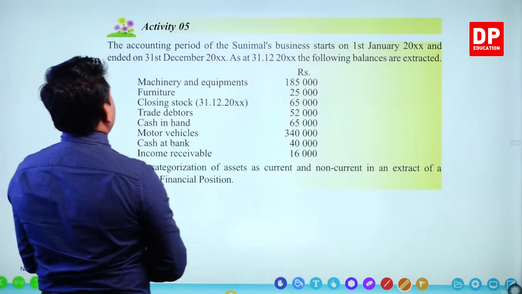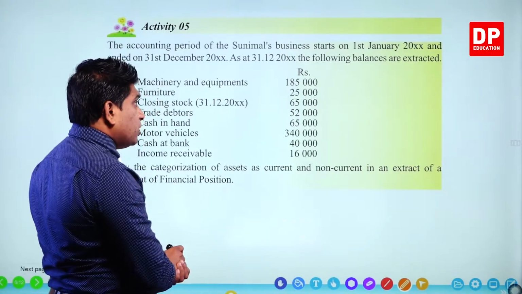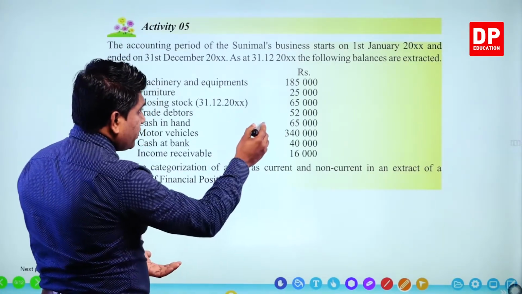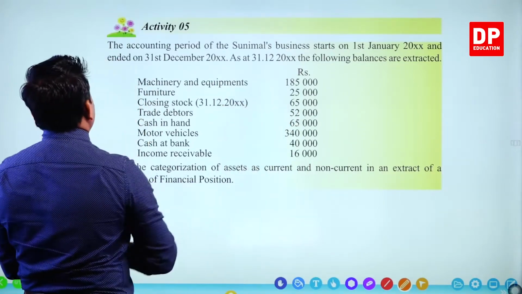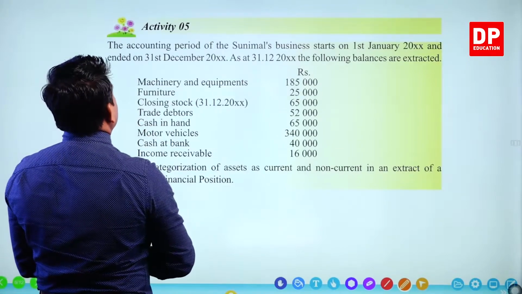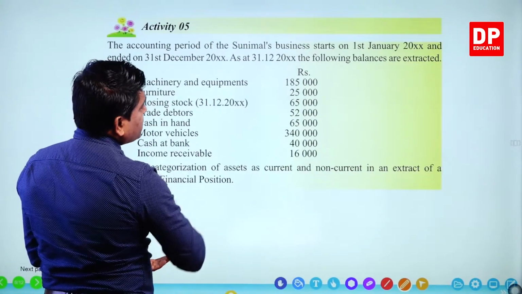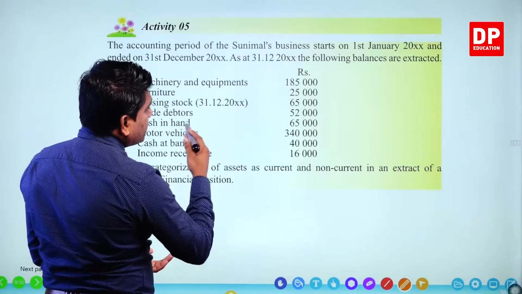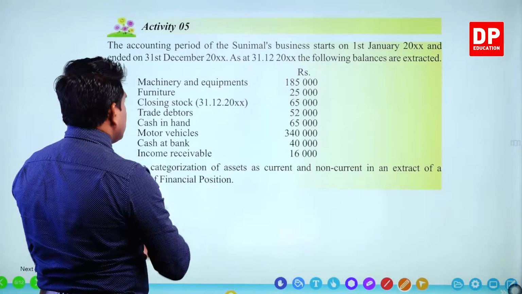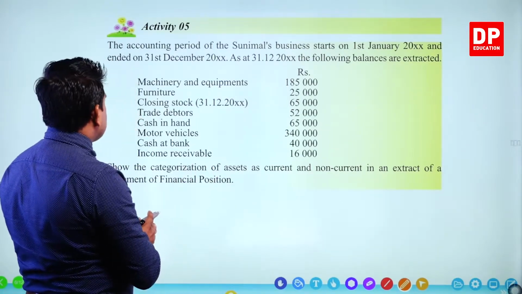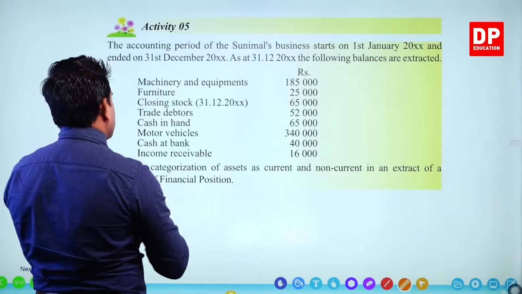The accounting period of Sunimal's business starts on 1st of January 2020 and ended 31st December 2020. As at 31st December 2020, the following balances are extracted. Then we classify these assets in which category? Non-current assets or current assets.